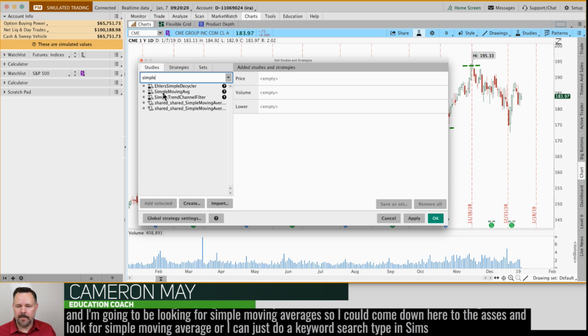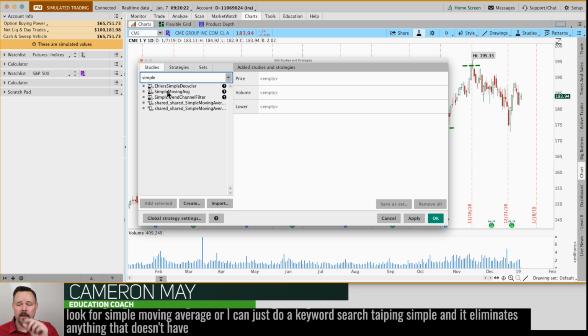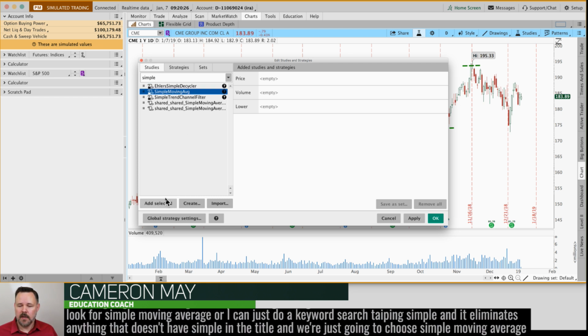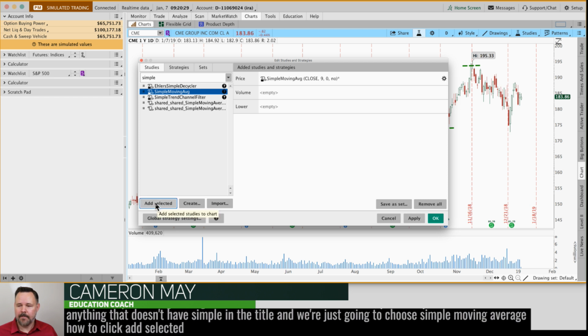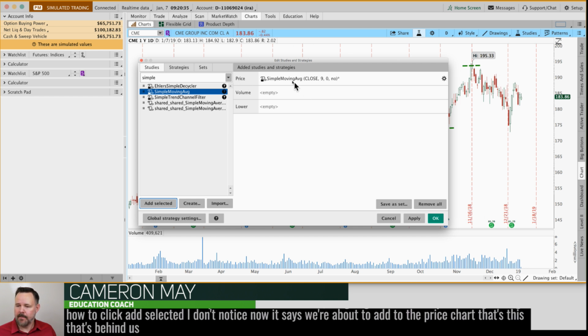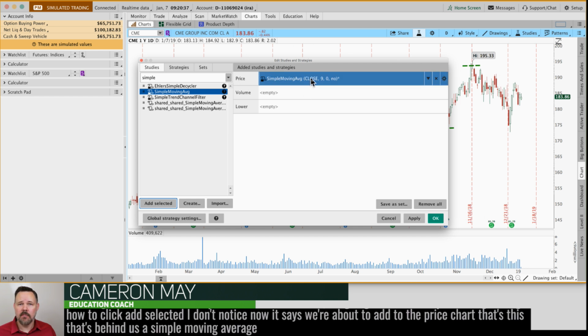Type in simple, and it eliminates anything that doesn't have simple in the title, and we're just going to choose simple moving average. I'm going to click Add Selected, and you'll notice now it says we're about to add to the price chart, that's behind us, a simple moving average.